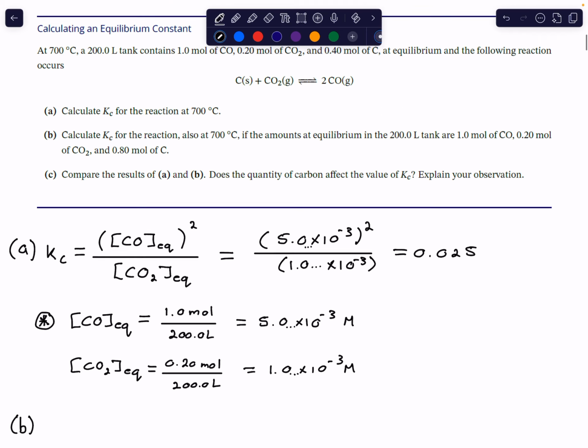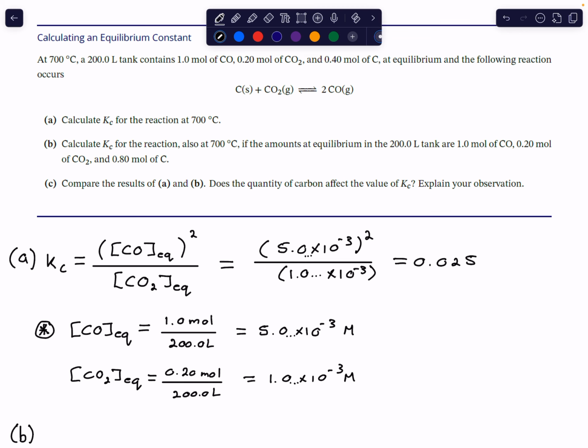So what's changed? The number of moles of CO hasn't changed, the number of moles of CO2 hasn't changed, and the number of moles of carbon has changed. So we haven't changed anything in terms of our concentrations. The amount of carbon has changed, but carbon doesn't appear in the Kc expression. The temperature hasn't changed, the volume of the tank hasn't changed.